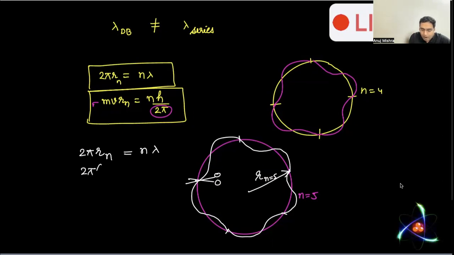So 2 pi Rn is n times lambda. Which lambda? Lambda is the wavelength of the given thing, right? Okay, now if you want to put the value of Rn, it is n square by Z into 0.529 angstrom.